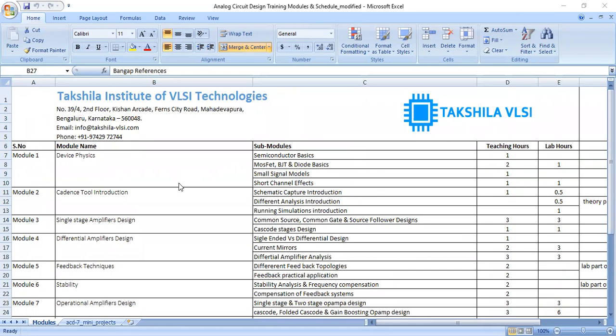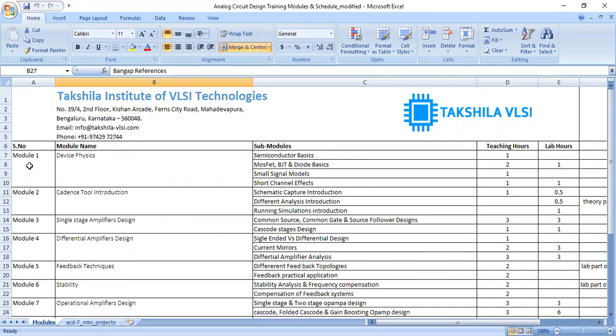So this is the main course content of our complete analog design course. Module one: basically we are trying to cover different categories of people to address their understanding of analog circuit design.